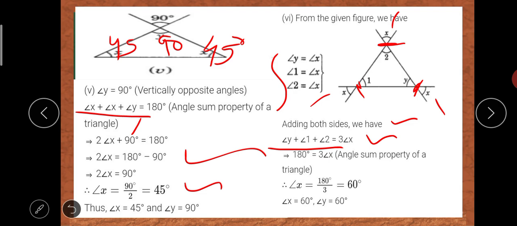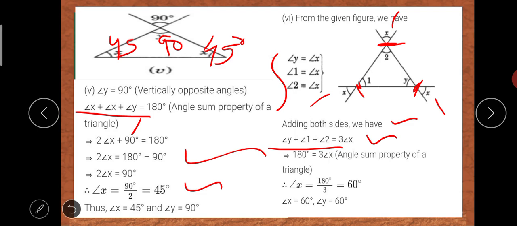Now this 3x, its measurement is again equals to 180, angle sum property of a triangle. So value of x will be 180 divided by 3. We will get what? 60.